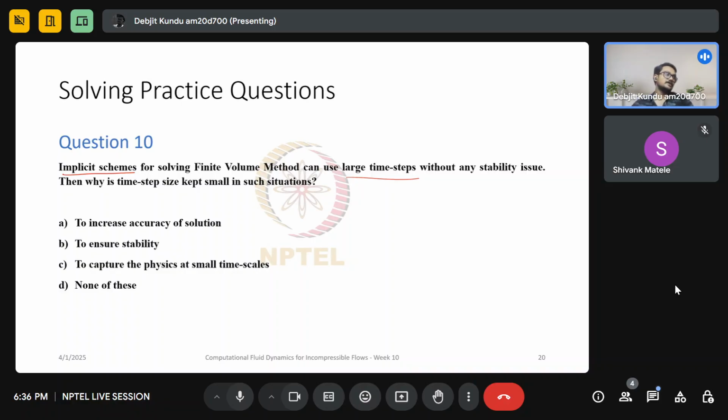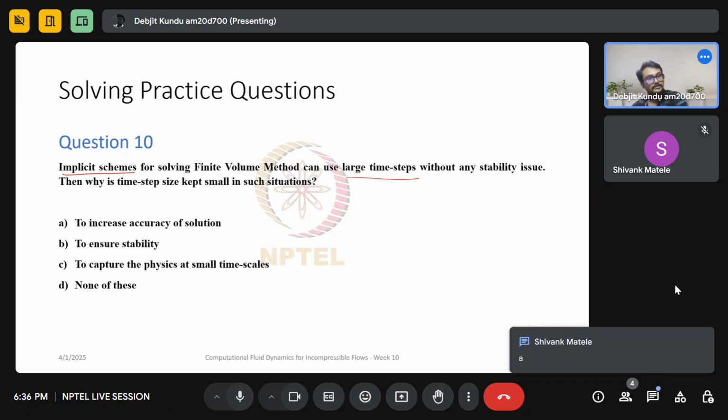So it can use large time steps without any stability issue. Then what is the main reason why time step size is kept small in such situations? Is it option A, to increase accuracy of solution? Option B, to ensure stability? Option C, to capture the physics at small time scales? Or option D, none of these?